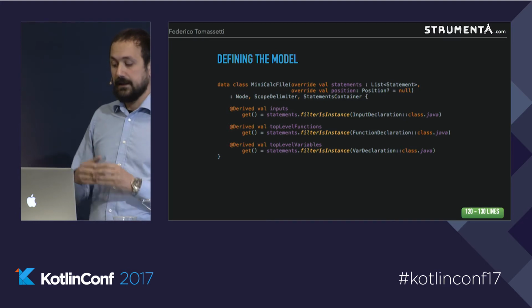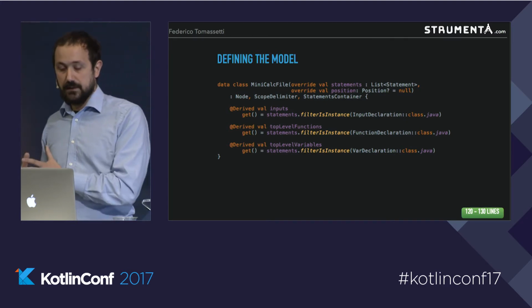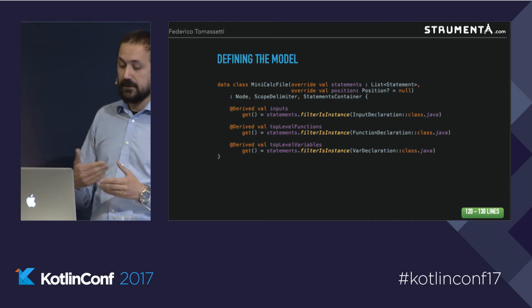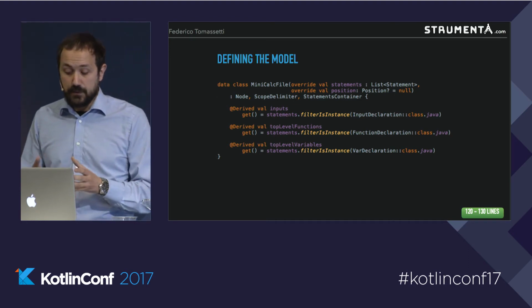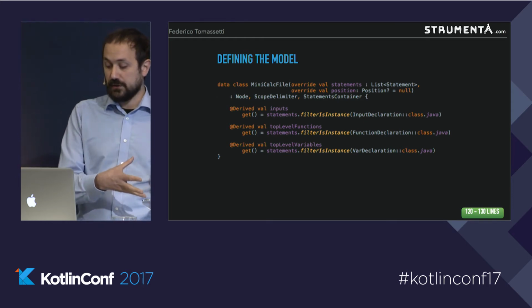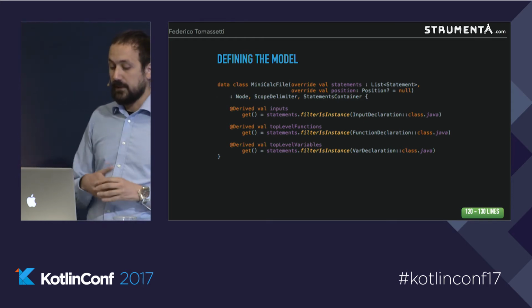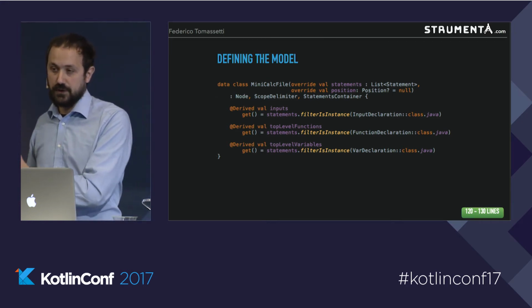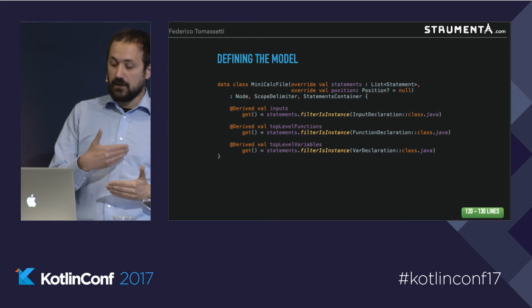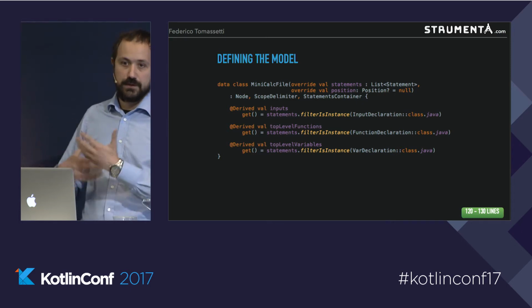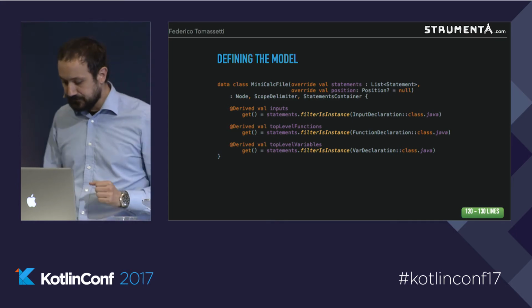I say that it contains a list of statements, but I also have some derived properties. So I say, for example, that the inputs are all those statements that are instances of input declaration, or that my top-level functions are all the statements that represent function declarations. I say top-level function because this simple language permits having functions inside other functions.